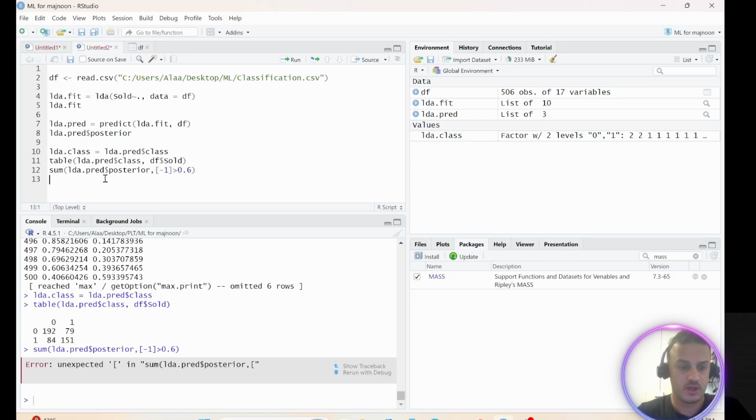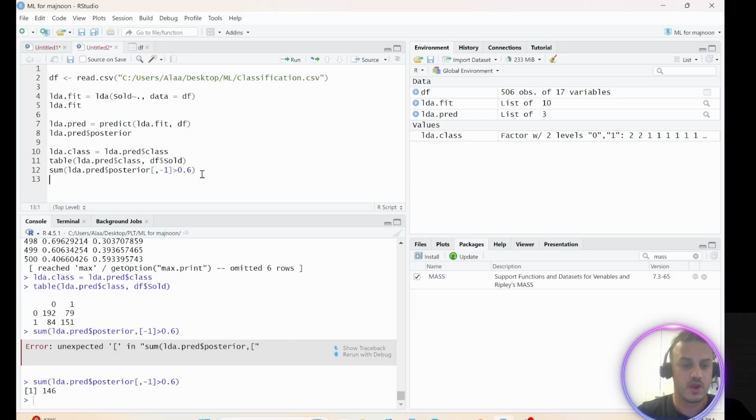Close this one, and here we go. LDA posteriors is bigger than 0.1. So we have 140.